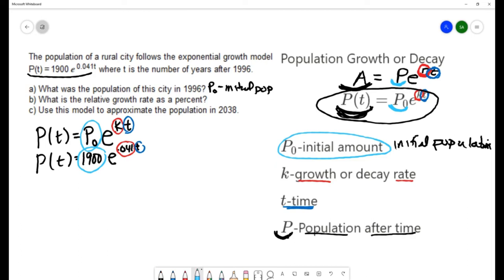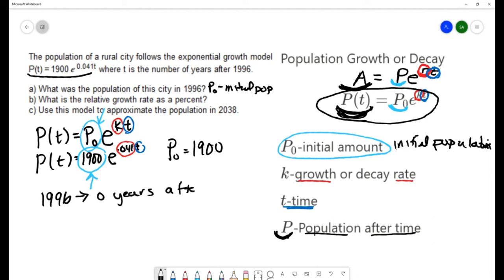Now there are two different ways we can get this answer. You can notice that the 1,900 is in that position of P naught and answer it that way. P naught is 1,900, or you could recognize that 1996 is 0 years after 1996, and we can substitute a 0 into this model.